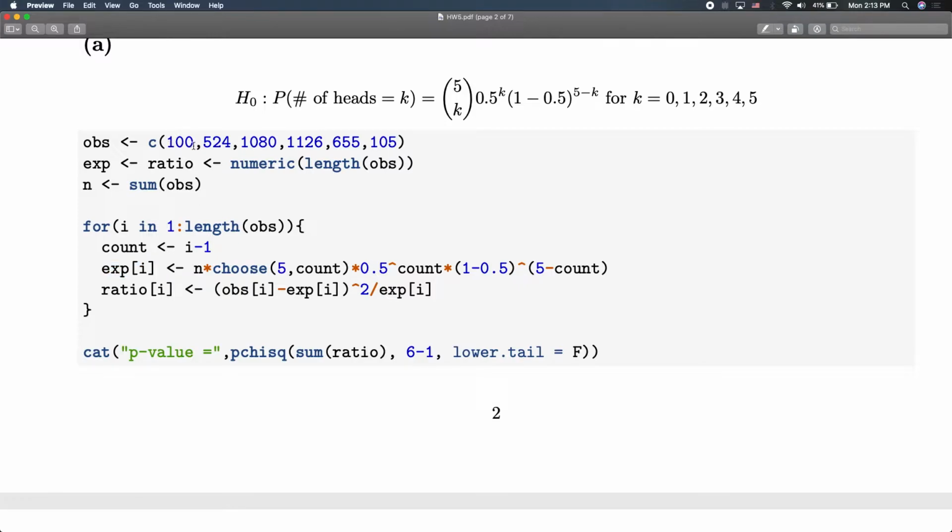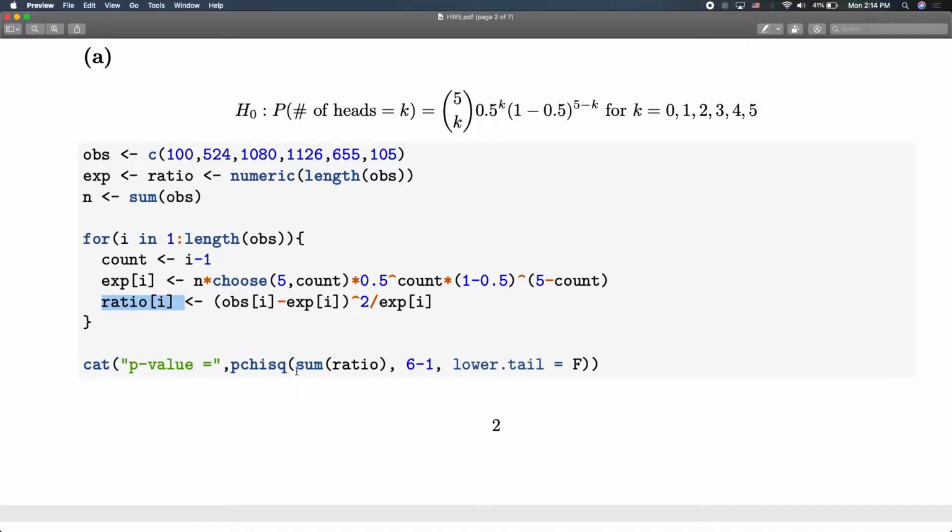This is the count that we observe, and this is the expected count that we calculate. Finally, the ratio for each outcome is equal to the observed for that outcome minus the expected for that outcome, squared, over the expected for that outcome. So we will have 6 numbers in the ratio.